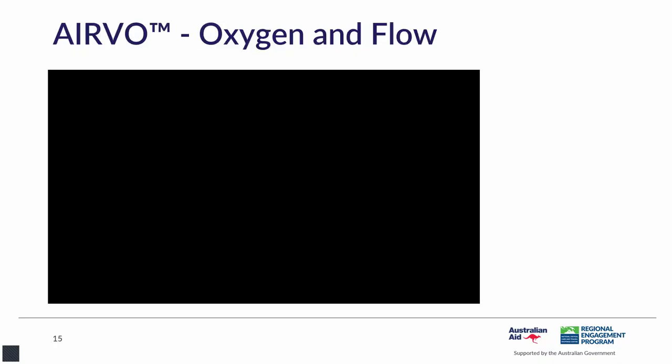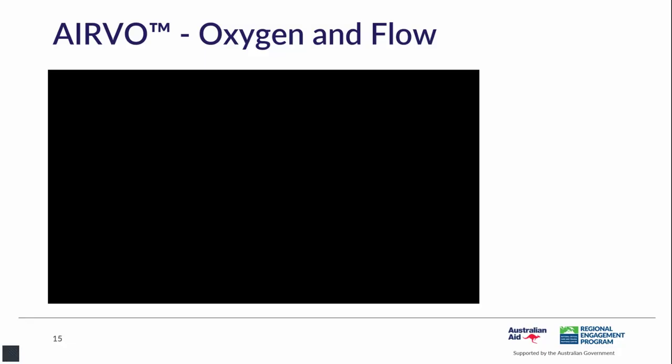All right, so this is probably one of the more complex things to understand when we're looking at oxygen and flow delivery with the Evo and how they interact. When we are increasing oxygen delivery on the flow meter, this will obviously increase the amount of oxygen that's delivered.